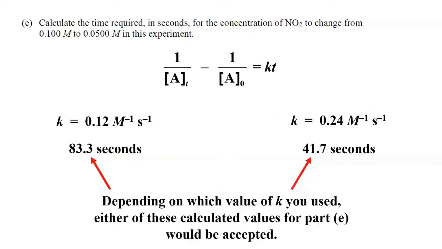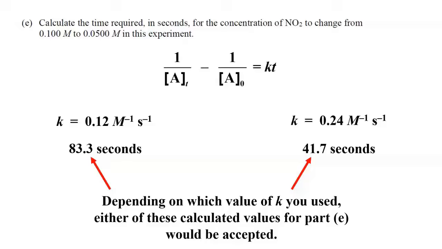So to summarize, in the answer to part E, if you had used a rate constant of 0.12, then you would have gotten a time of 83.3 seconds. If you had used a rate constant of 0.24, then you would have gotten a time of 41.7 seconds. So depending on which value of K you used, either of those calculated values for part E would be accepted.